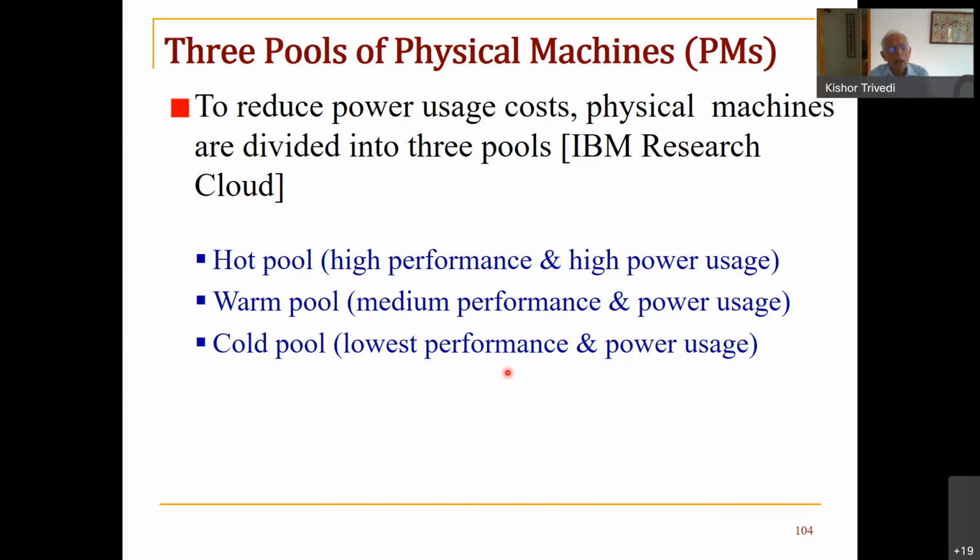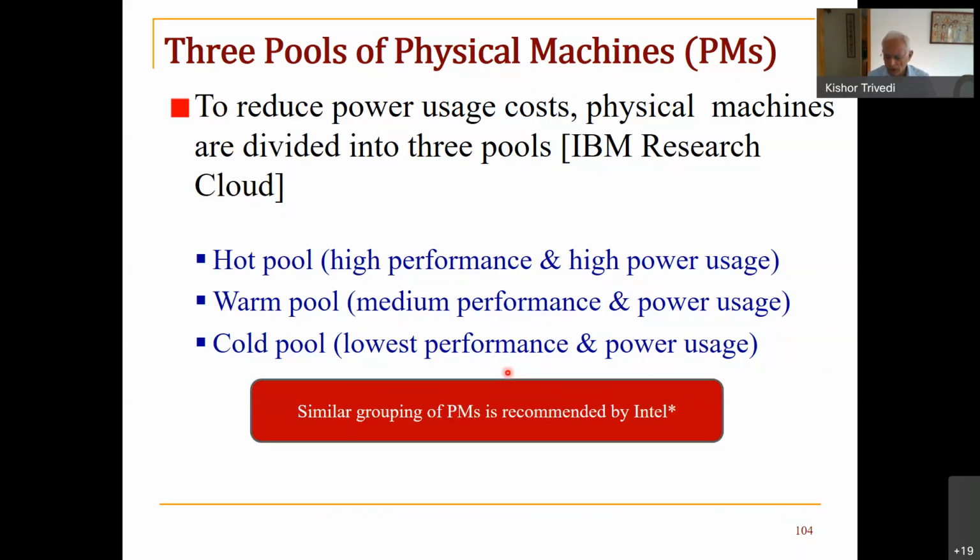By contrast, for a cold pool machine, power usage will be very low, but the performance will be low because it will take a while before a virtual machine in the cold pool can be allocated to a user, and the warm pool is in between. And a similar grouping of physical machines is also recommended by Intel now. So what we're talking about is relevant to more than one system.